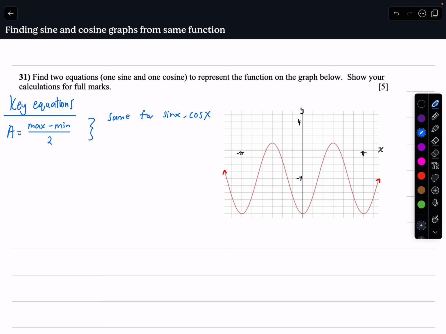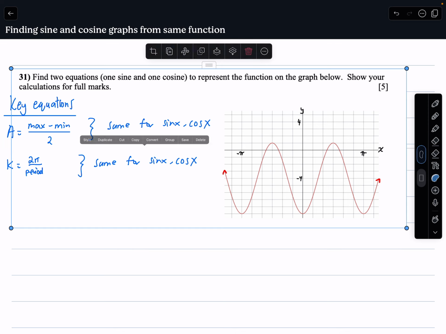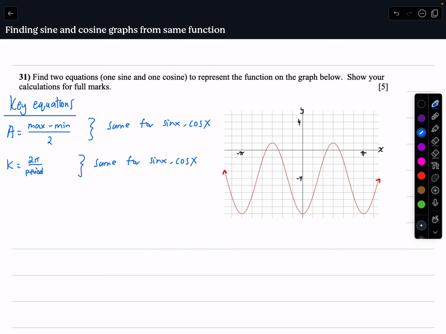The second thing you want to know is what is the k value. The k value follows this formula: 2 pi over the period. In this case, the k value, similar to the amplitude, is going to be the same for sine x and cos x.